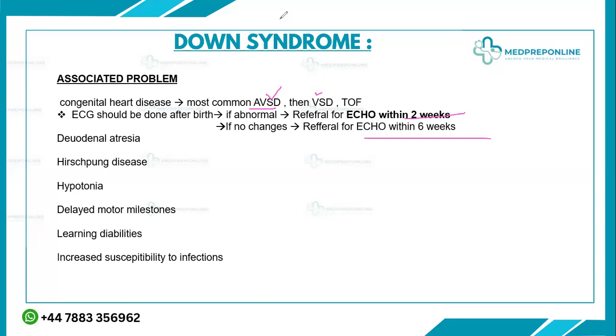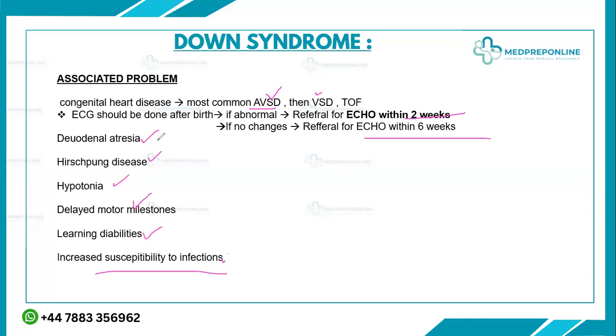Okay, then other associated problems can come, such as duodenal atresia, Hirschsprung disease, hypotonia, delayed motor milestones, learning disabilities, and increased susceptibility to infection. Now, how can these come in the exam? They can say the child has Down syndrome and then give you the features of these problems, which are associated with their specific chapters. We'll be doing Hirschsprung disease and duodenal atresia in the GIT chapter.